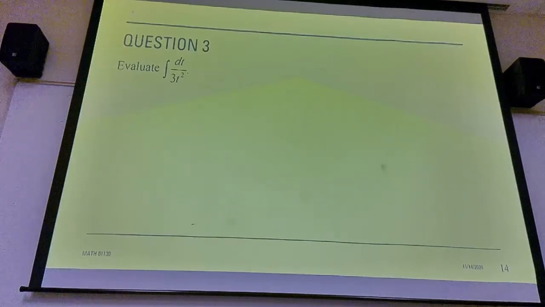We'll have to rewrite this one. I'm going to factor out that 1/3 first. How could you rewrite 1 over t squared as a power of t?